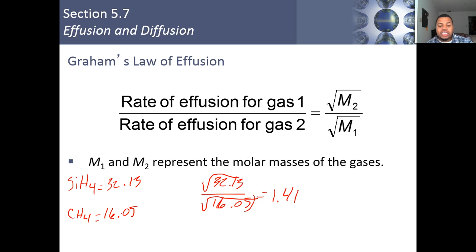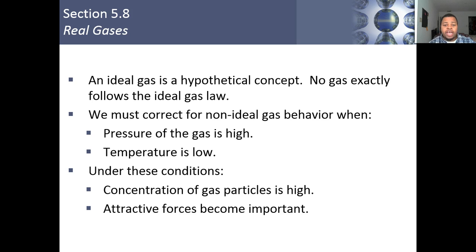Now, the last thing that we need to cover, and this is what ties all of this together, hopefully you'll be able to see it, is the difference between what we call real and ideal gases. All of these discussions that we've had up until this point have been dealing with what we call ideal gases. And basically it's something that doesn't actually exist, as you're seeing here on the screen.